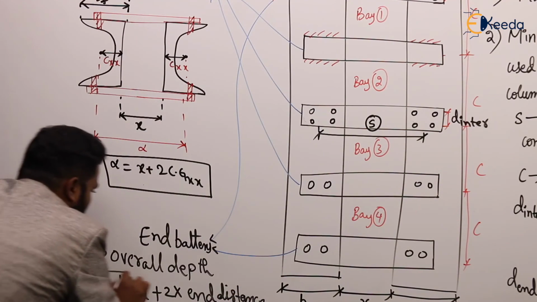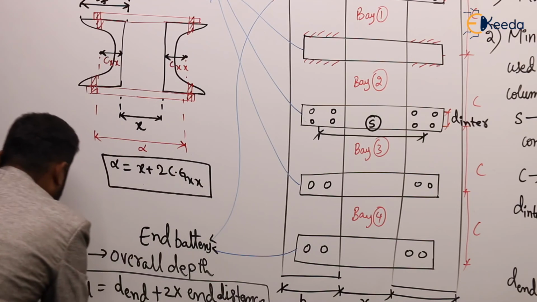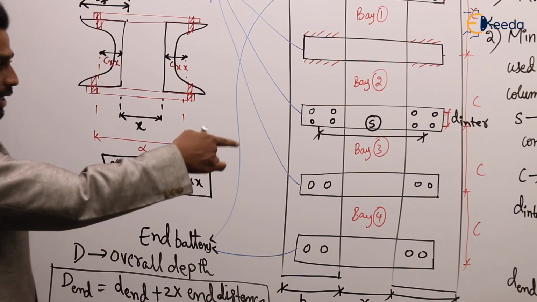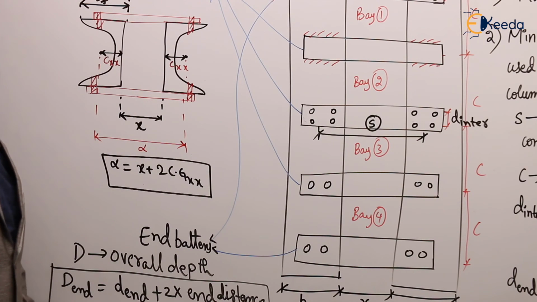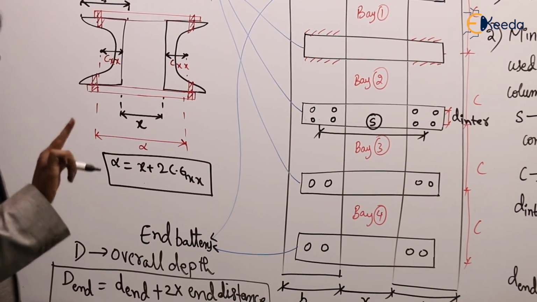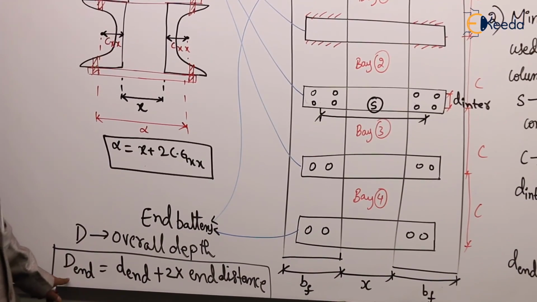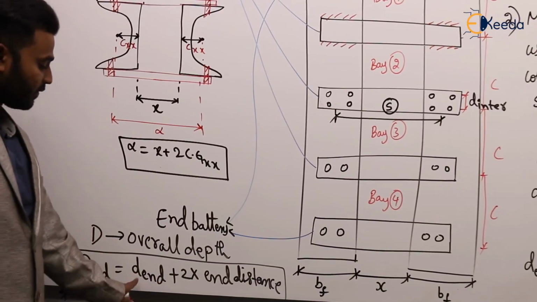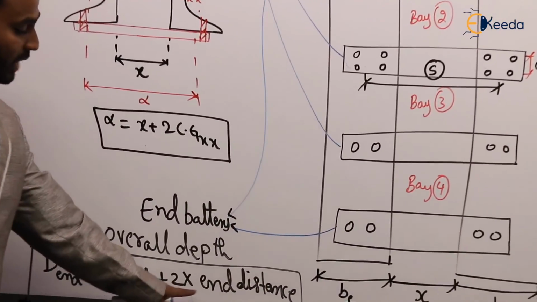In this way we are going to calculate the overall depth. So after getting the effective depth, the overall depth is D end, meaning the effective depth of end batten, plus 2 into the end distance.